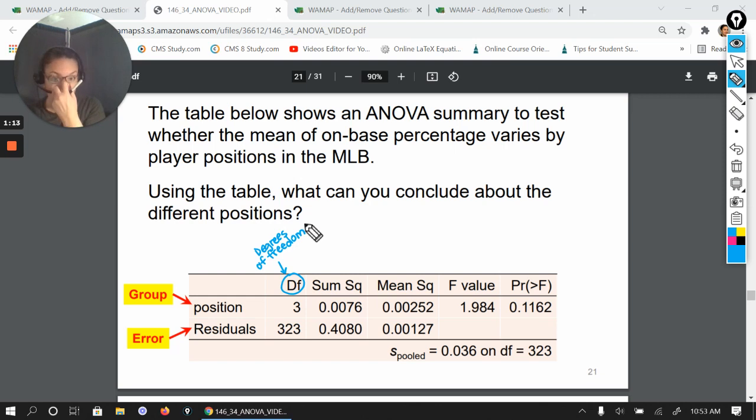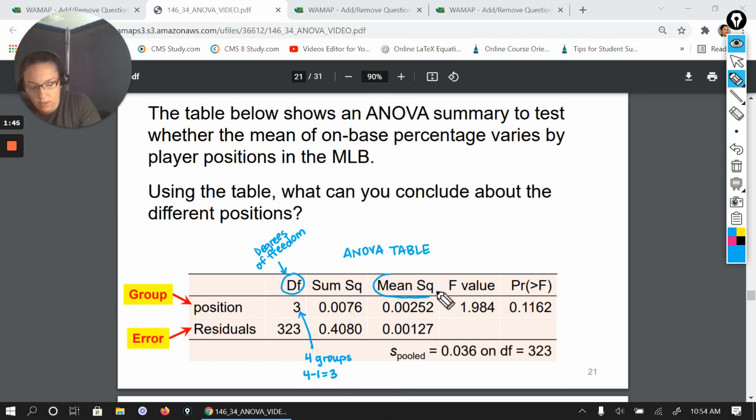This whole thing is what we would call an ANOVA table. And you'll notice that the number 3 is here because I have 4 groups, 4 positions that I'm looking at, and 4 minus 1 equals 3.